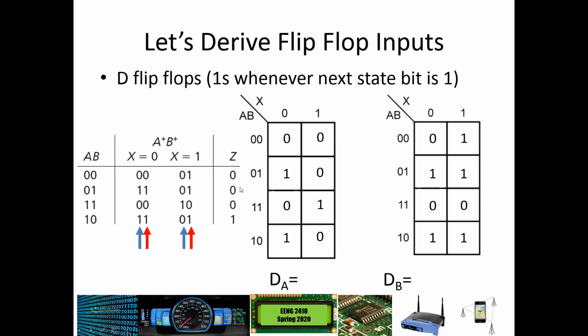And so let's go ahead and see how we would circle things. I'm going to transition to a digital pen. Unfortunately, none of these have neighbors, so we have to circle them each individually. In this case, this would be x prime, a prime, b.